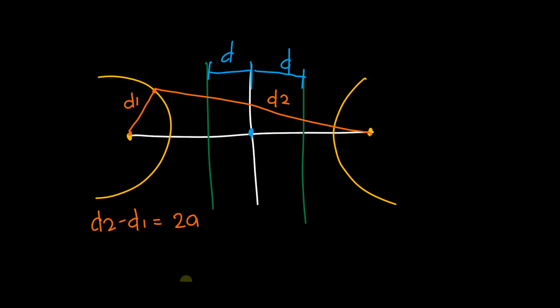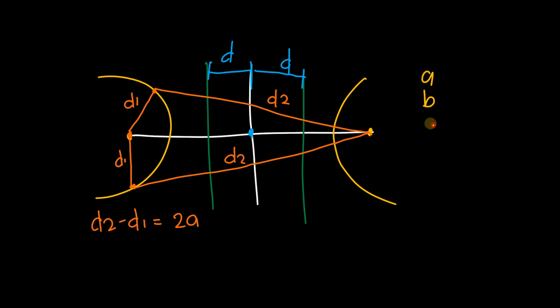In the ellipse, in the previous video, D1 plus D2 is equal to 2A. But in the case of the hyperbola, D2 minus D1 is equal to 2A. Again, from the focus, anywhere, let's say D1, then from here to here, D2, it still follows the same property: D2 minus D1 is equal to 2A.